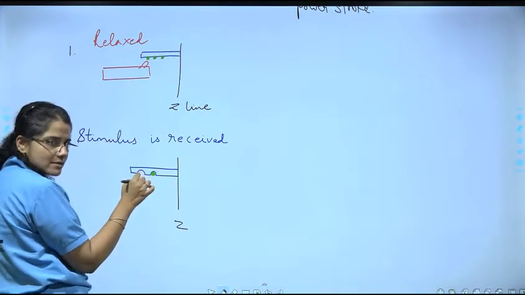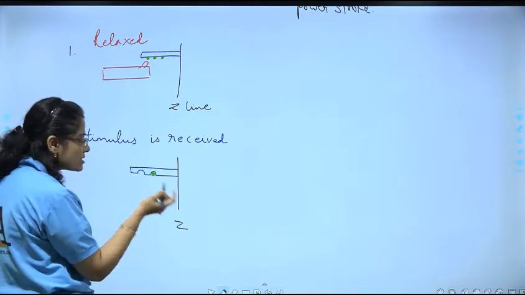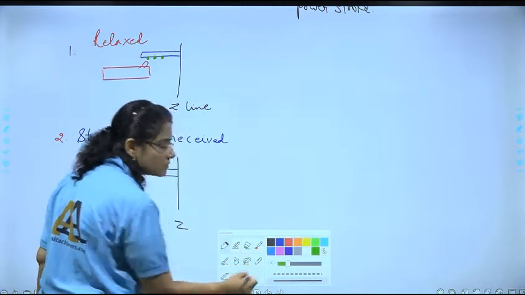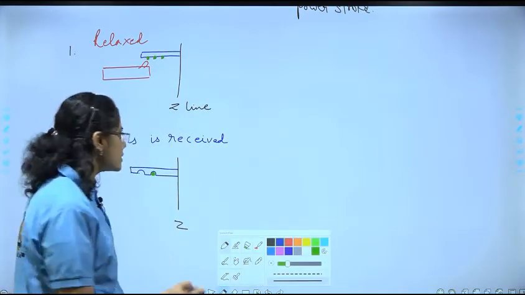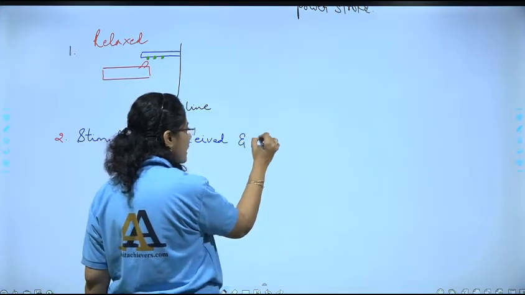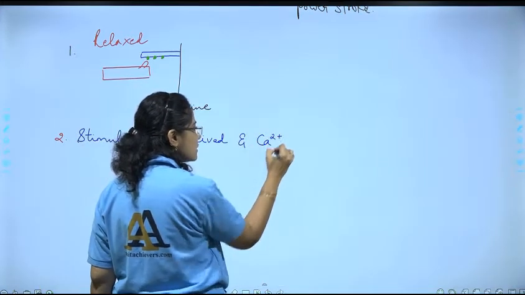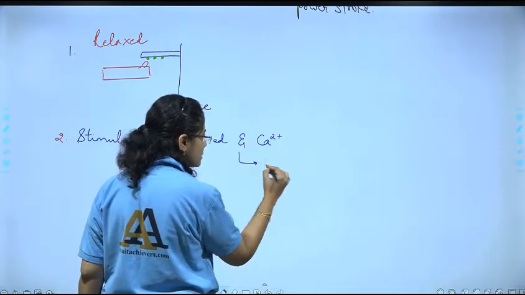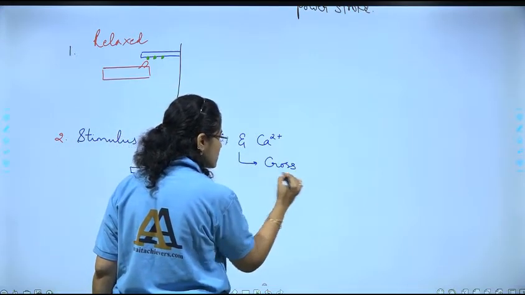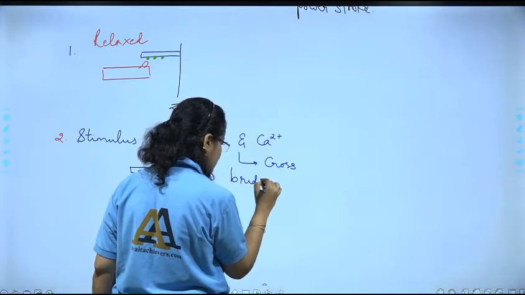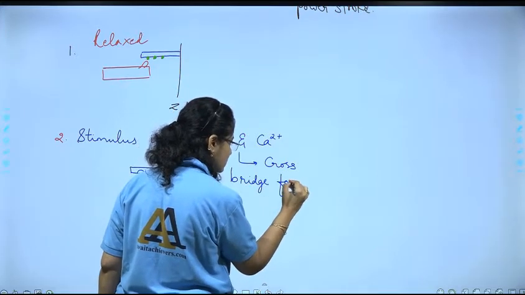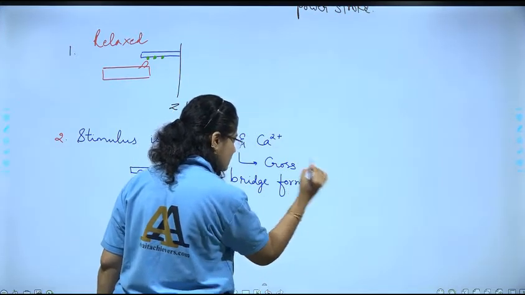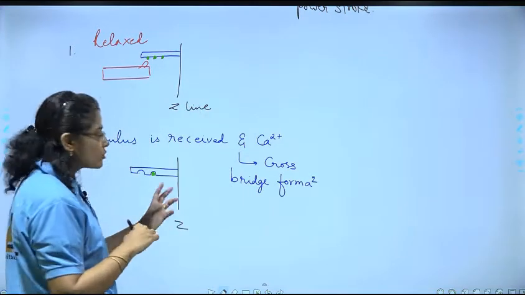This one is yet masked, but when the stimulus is received, what happens? Calcium ions are released. So I can add over here, calcium ions are released. So as a result, cross bridge formation. Okay, this is clear.